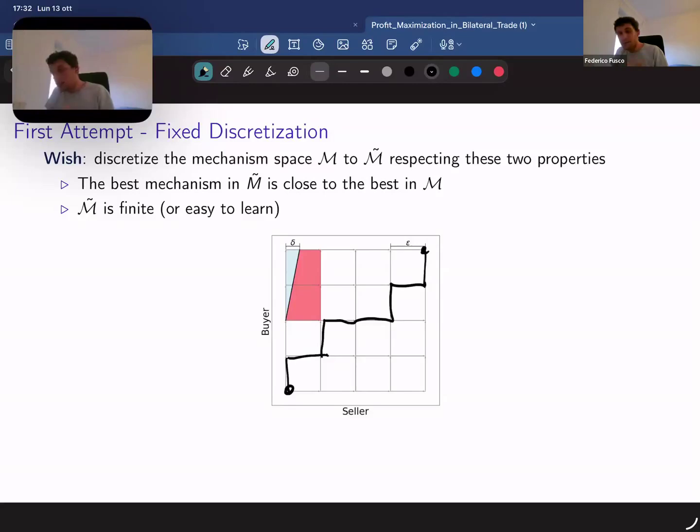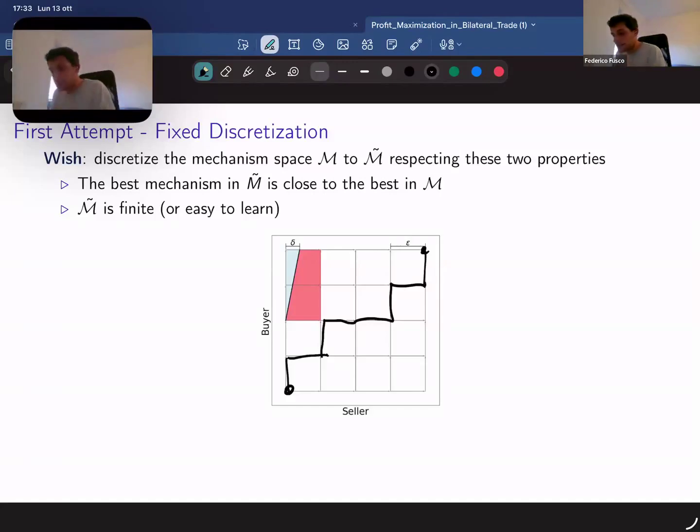Namely, I can always find a distribution such that the best mechanism overall gets, say, one half, while the best mechanism on the grid gets 1/4. So you have this additive constant factor that tells you that you will never be able to achieve sublinear regret, because you will always suffer constant regret over and over.